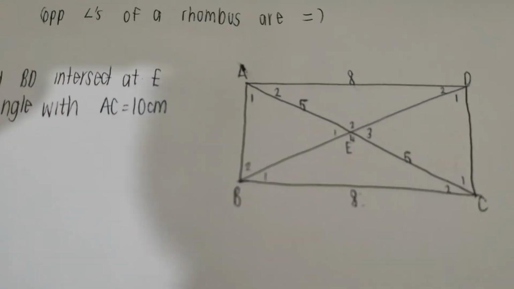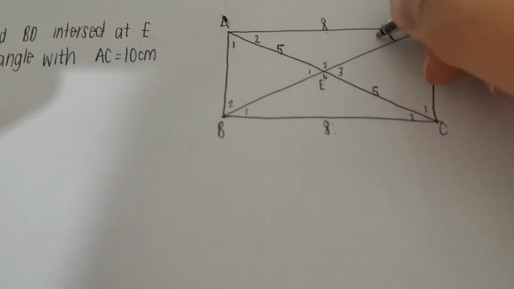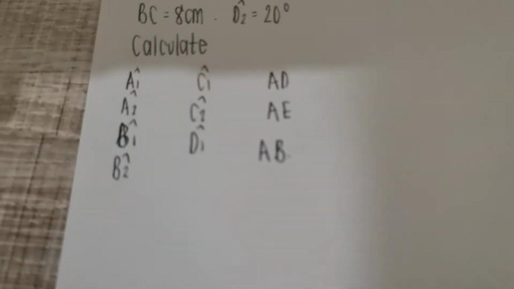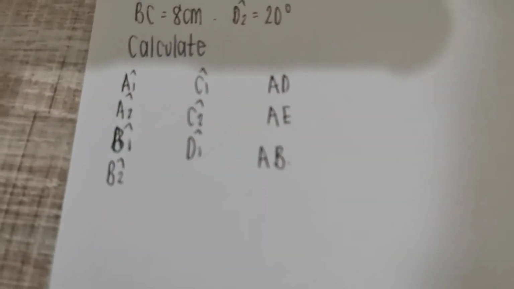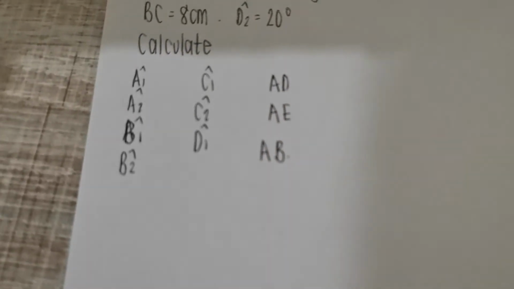Then it says angle D2 here is equal to 20 degrees, so D2 is here, 20 degrees. It says calculate, and there are quite a few of them. Generally, when we do this, you can go in any order that you want. You don't have to start with A1.